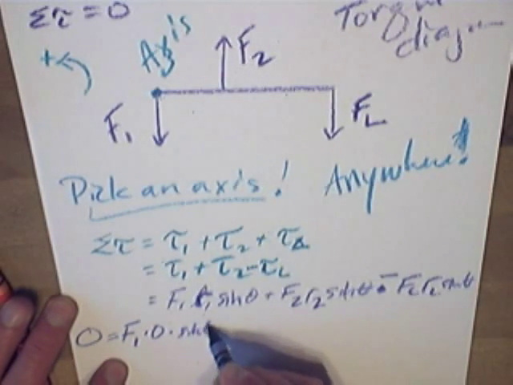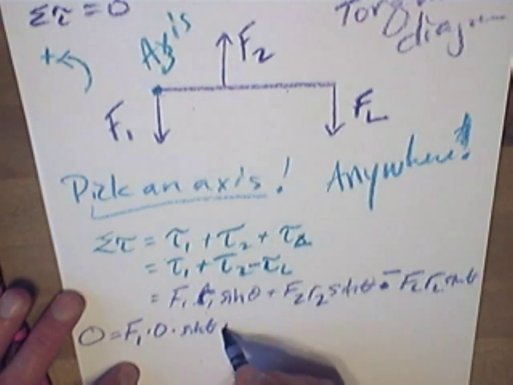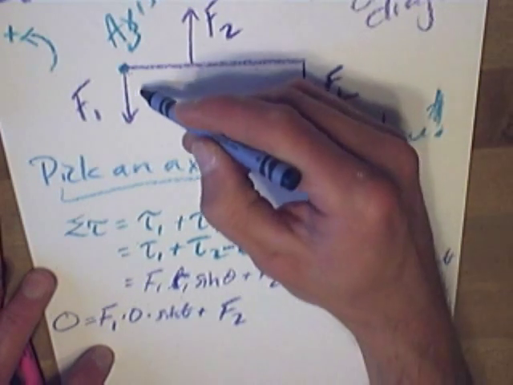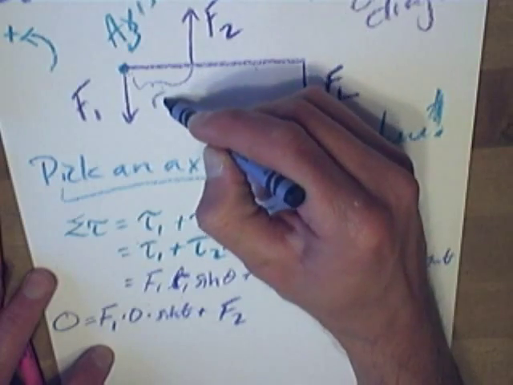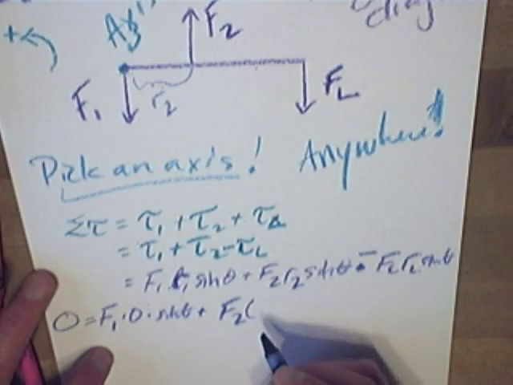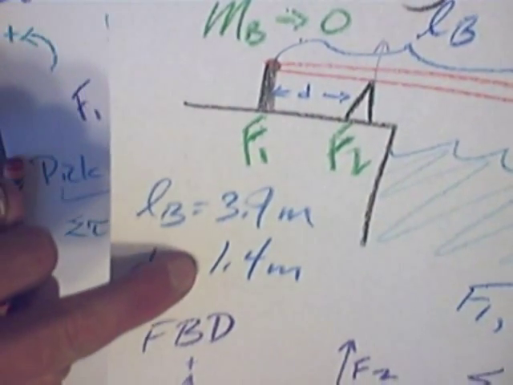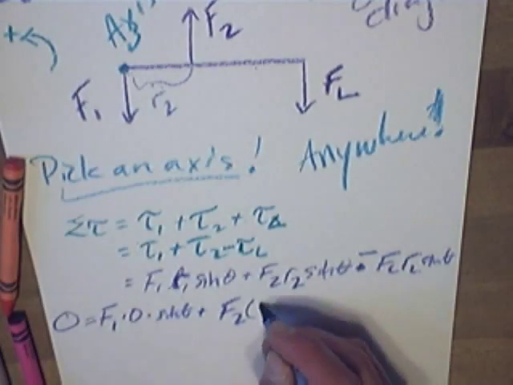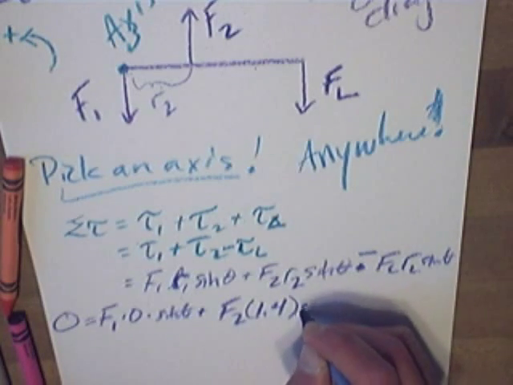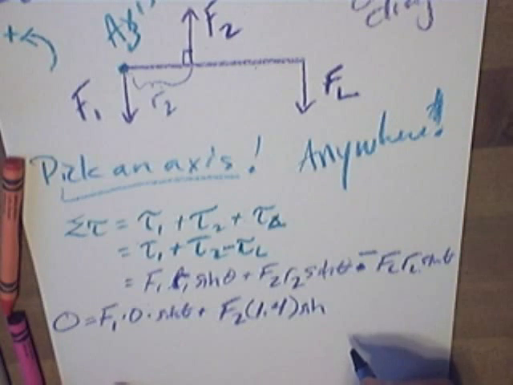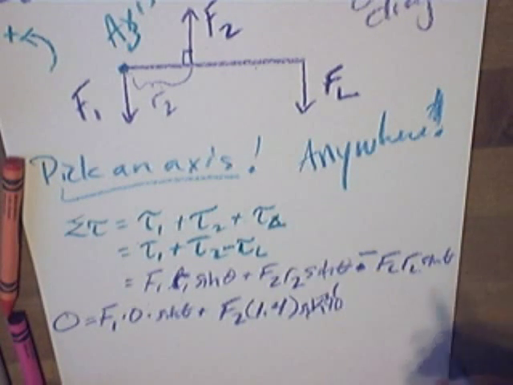And then I have sine theta, and it doesn't matter what the angle is because it's going to go to 0. F2 is what I'm looking for. R2 is this distance here, my distance D earlier, 1.4 meters, times the sine of the angle between them, which is 90 degrees. Sine 90 is 1.